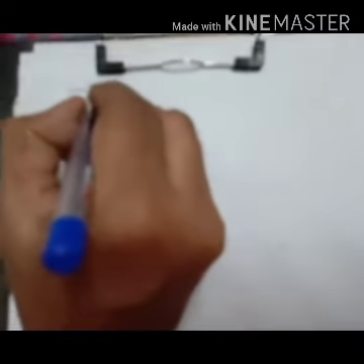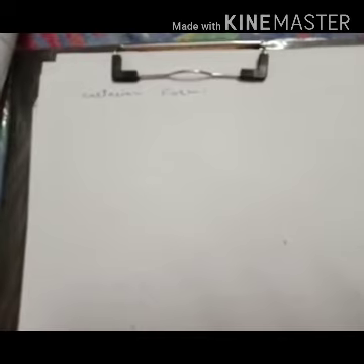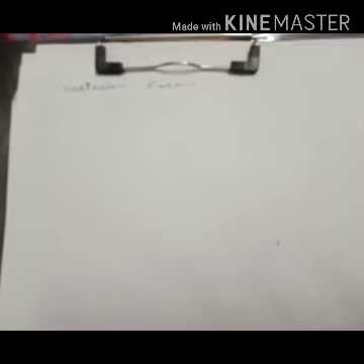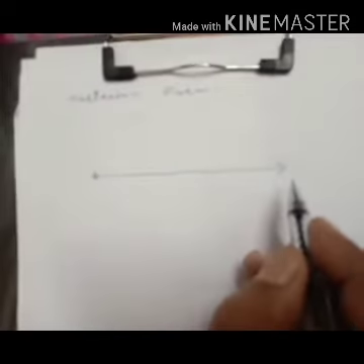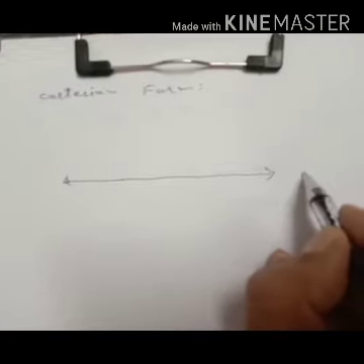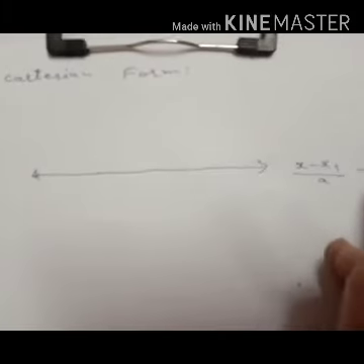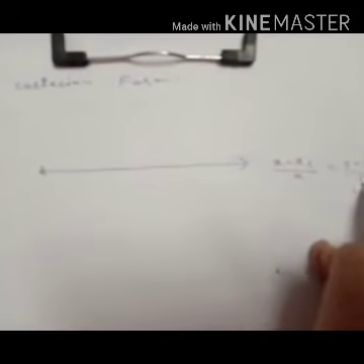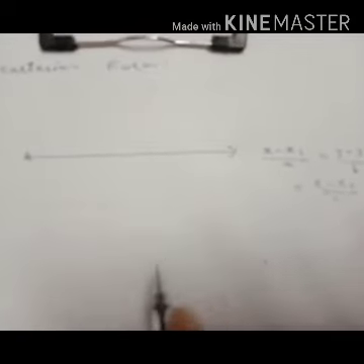Now we have seen the distance between a point and a line when the position vector of the point and the equation of the line in vector form are given. Instead of that, if the equation of the line is given in Cartesian form, suppose the equation of the line is x minus x1 upon a equals y minus y1 upon b equals z minus z1 upon c.